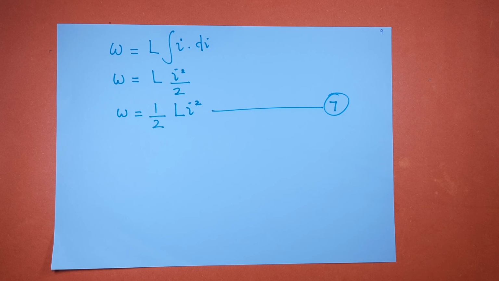So these are the fundamental equations we require for transient analysis or transient response of electric circuits for AC and DC input.